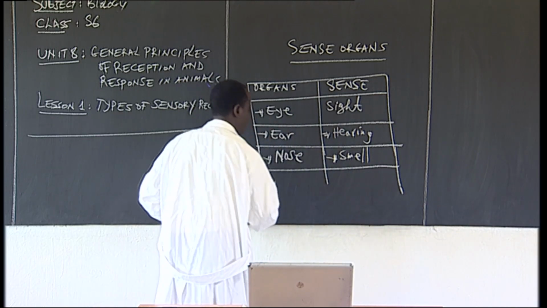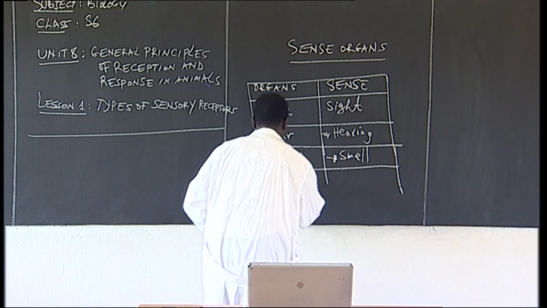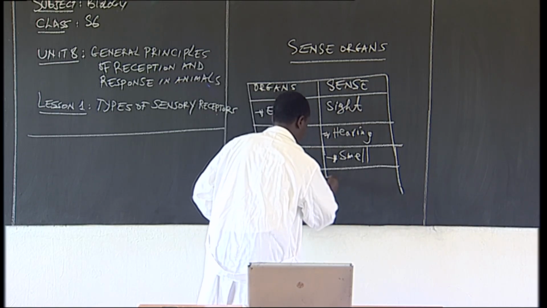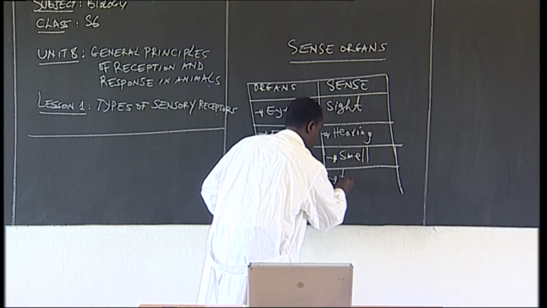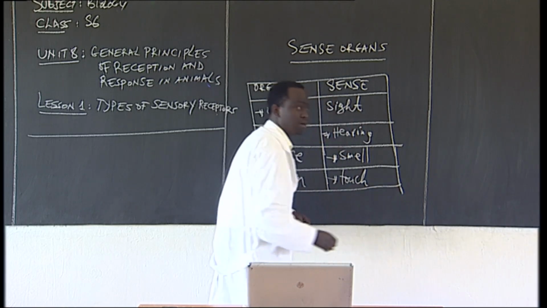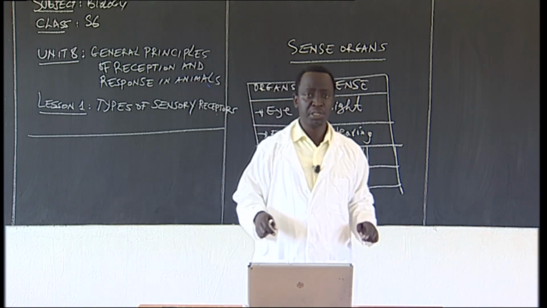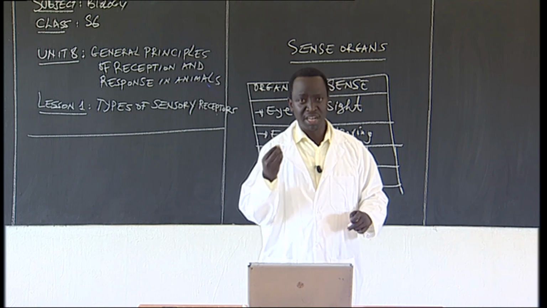Another sense organ is the skin. What does the skin sense? Skin is for touch. Touch means if something is touching your body, you can sense and detect that.